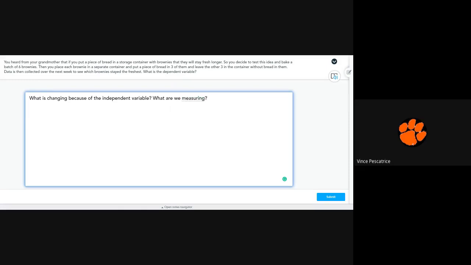So what is changing and what are we measuring? That's two ways to look at it. So what is the answer to this question? That's what you type in there. What thing is depending on whether the bread is in there or not?